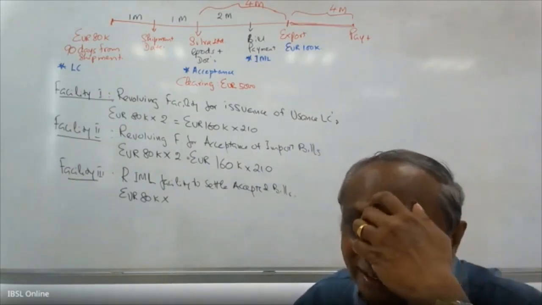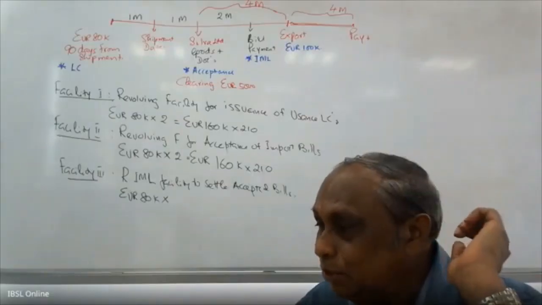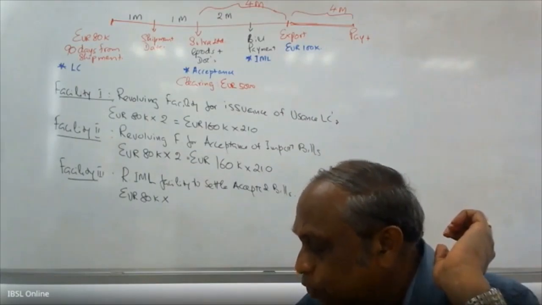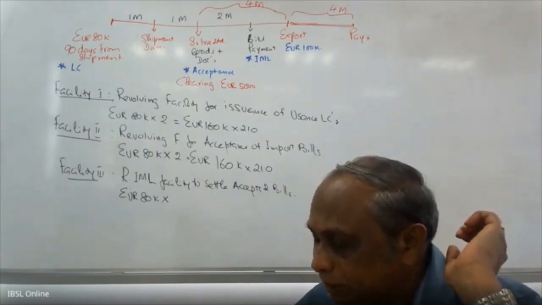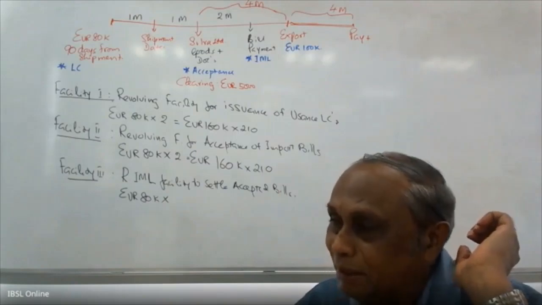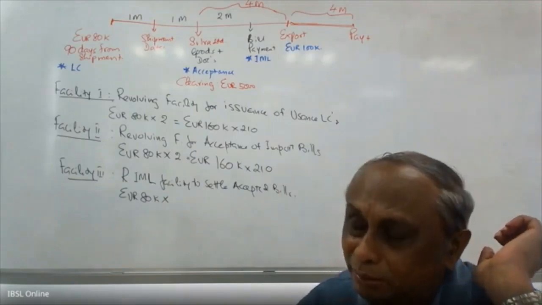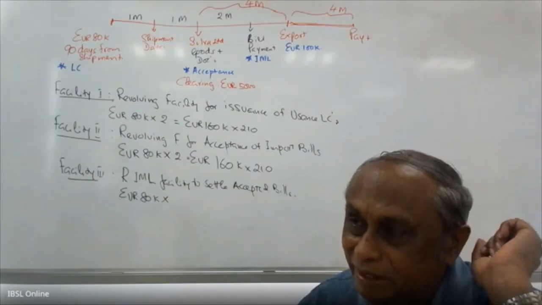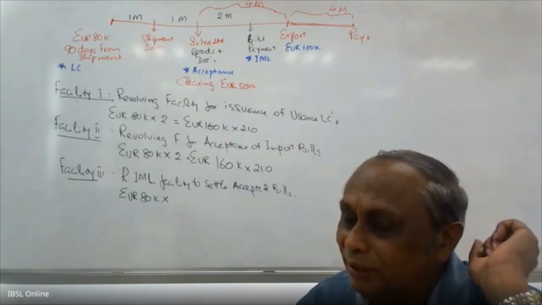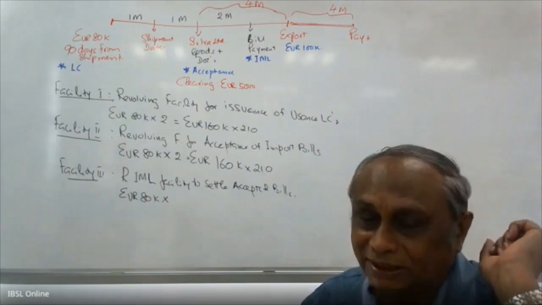You can write that: even though it is 6 months, even though it takes 4 months to receive the export proceeds, the bank is prepared to purchase or discount the export bill. Therefore, the lead time is only for the balance 2 months.